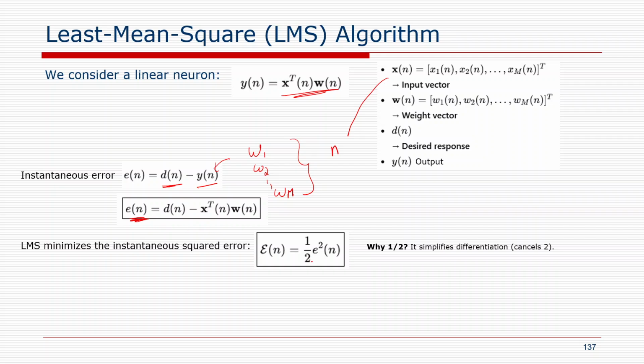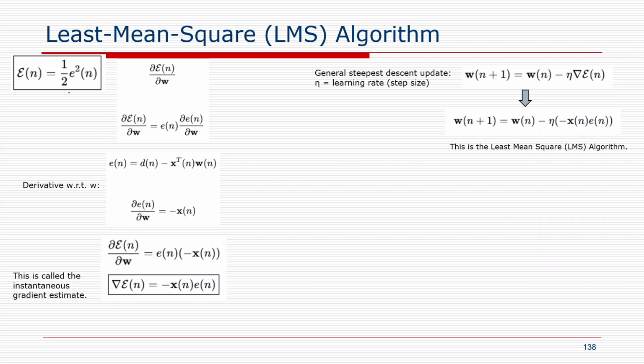Next we have to find the rate of change of the error with respect to the weights, so to simplify the differentiation, we multiply by 1 by 2. In this we are taking the square of the error, and that's why it is called the least mean square algorithm, or the LMS algorithm.